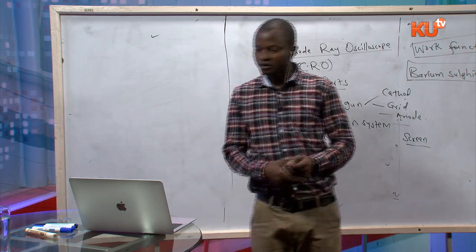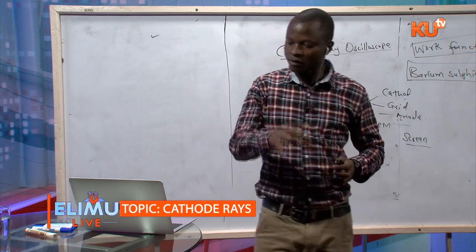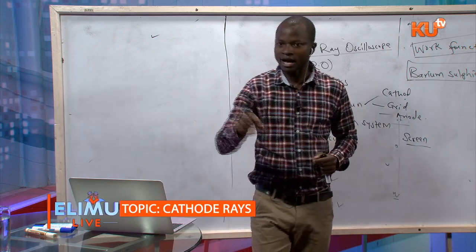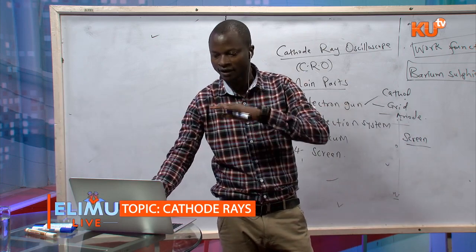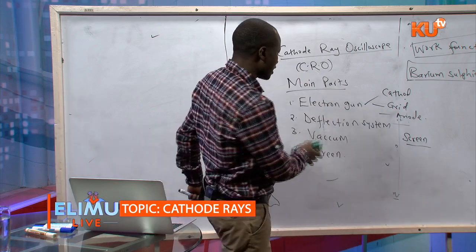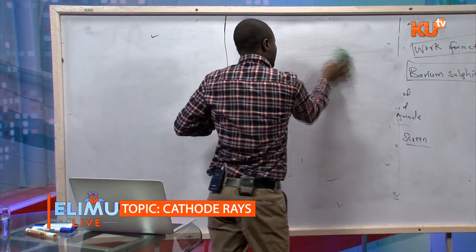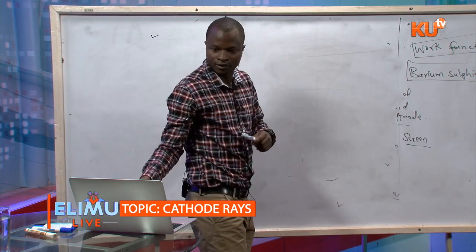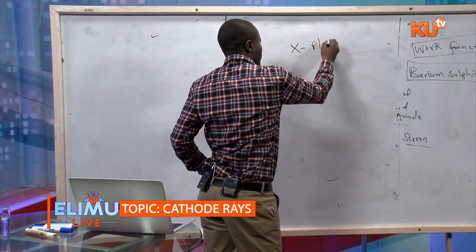So if you are asked the electron gun, what is its function and the composition? You talk about the cathode, the anode, and the grid, and the function of each. That constitutes what we are calling the electron gun. Then the deflection system, we have two of them. One, we have what we call the X plates.